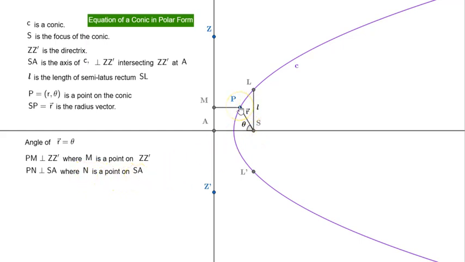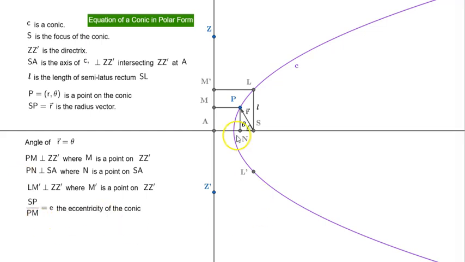So let's draw PN and mark this as N. Now LM prime perpendicular to ZZ prime, where M prime is a point on ZZ prime. So just like PM, we draw LM prime perpendicular to the directrix. Now we have got the construction in place.